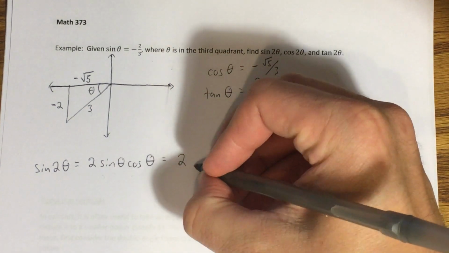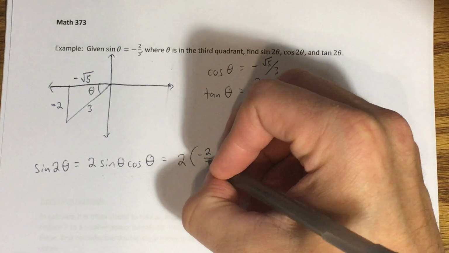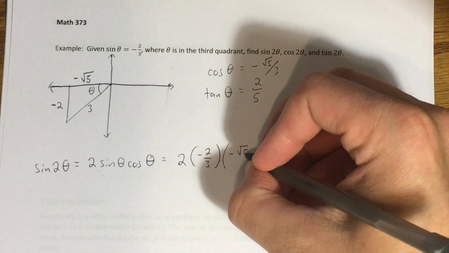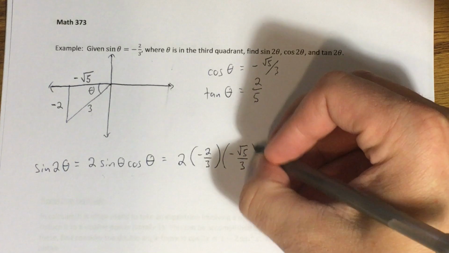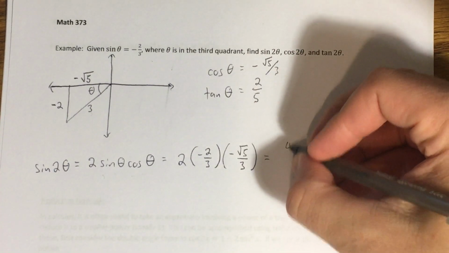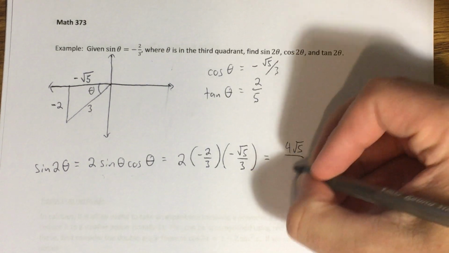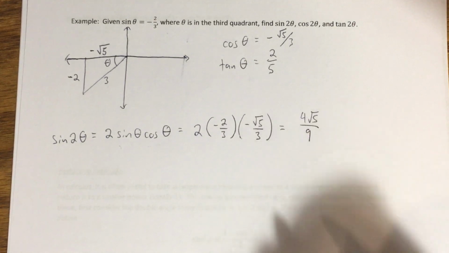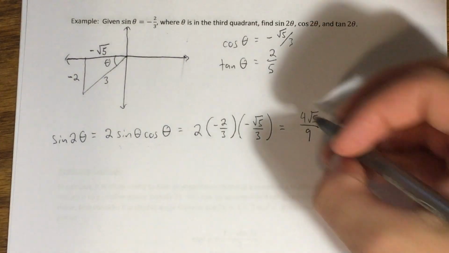This is the same thing as 2 times negative 2/3, cosine of theta, again, that's negative root 5/3. This simplifies to 4 root 5/9. Okay, so there we have it. Next step, I'll circle that.